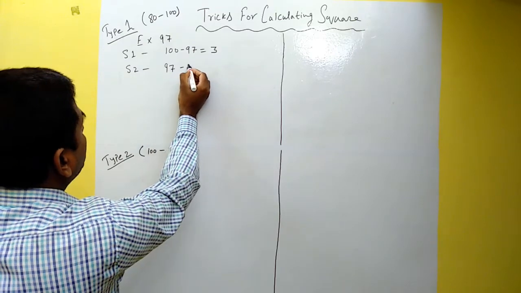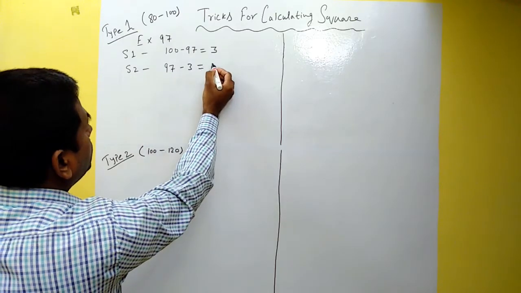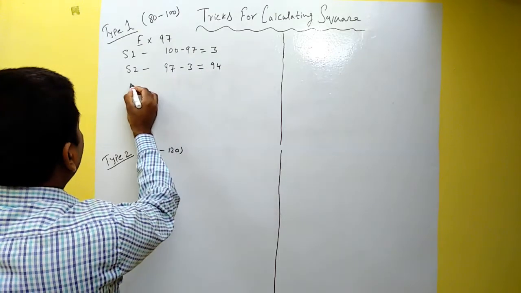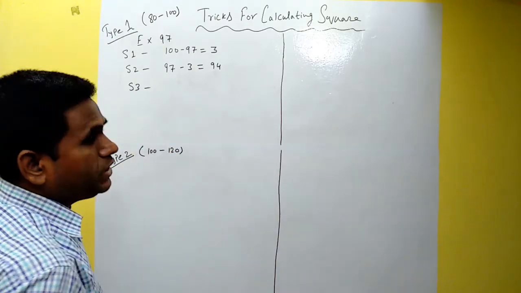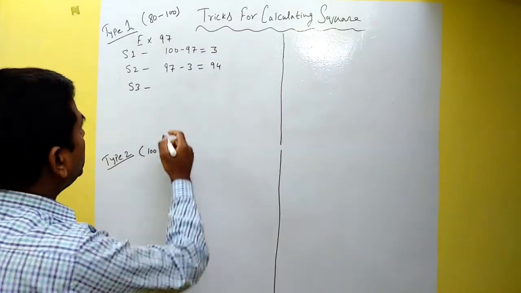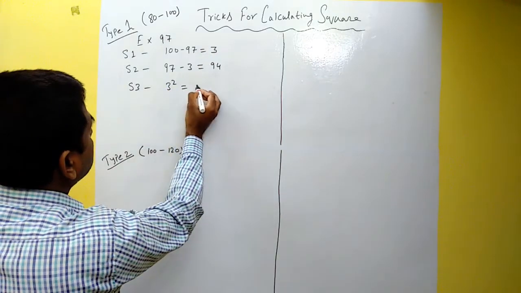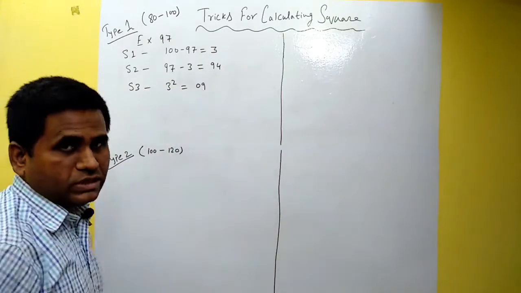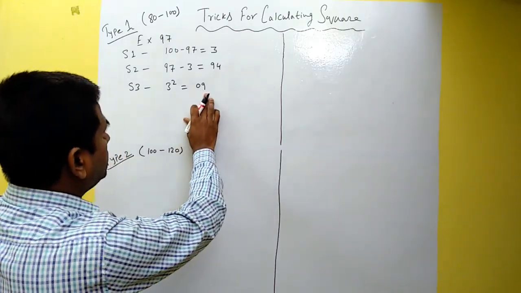So 97 minus 3 gives 94. In step 3, we calculate the square of 3. So 3 square, written in 2-digit form, is 09.